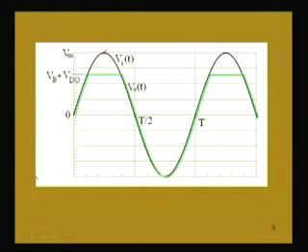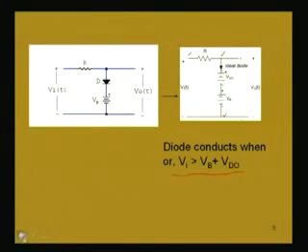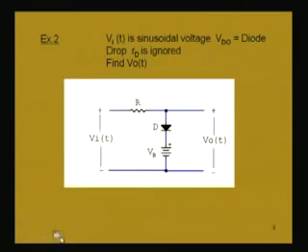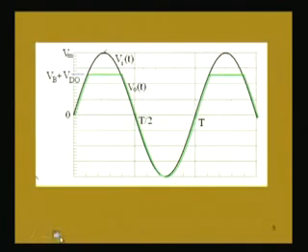So, we see now the effect of that Vd naught, that is the diode drop, which was earlier ignored in the first example, but now we are considering. So, if you compare these two plots, here it was cut at Vb, that means upper portion from Vb was clipped, but because of this diode drop, now the upper portion from Vb plus Vd naught will be clipped.